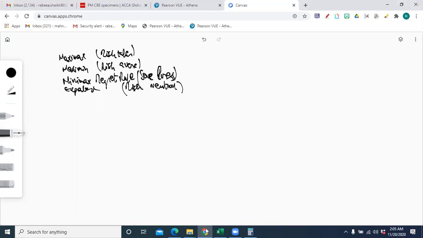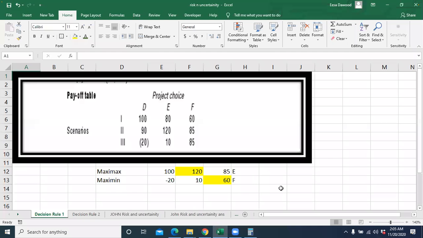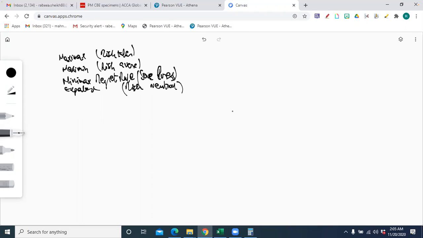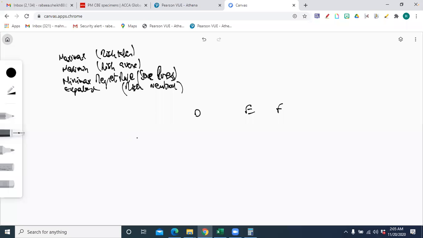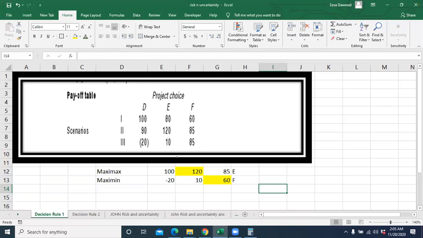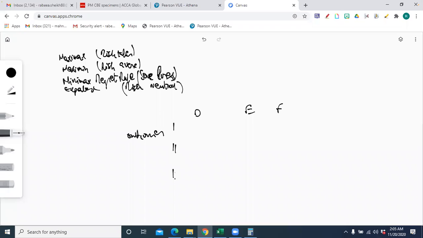Okay, now here's a question. 3 projects we have, D, E, and F, and it's kind of a payoff table. Choices, what choices you have, that's your decision. You could take D, E, or F. These are mutually exclusive projects. One can be taken at a time. You cannot invest in all 3 projects. But it comes with 3 scenarios, 1, 2, 3, which could be with respect to demand or any other uncertainty.